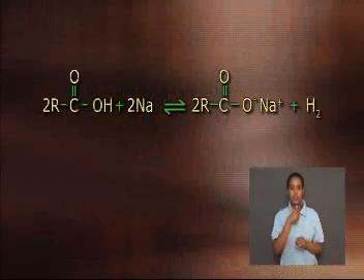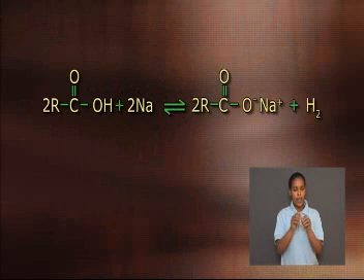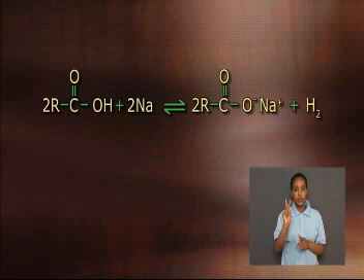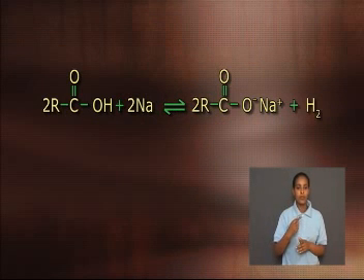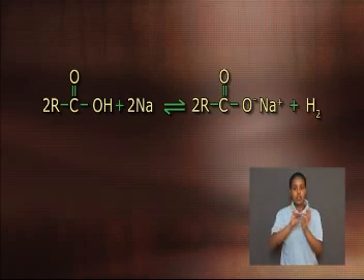Since carboxylic acids are weak acids, they slightly dissociate. Let us look at some examples of reactions of carboxylic acids as an acid. Carboxylic acids react with active metals such as sodium, potassium, magnesium, and calcium to form salts and hydrogen gas.